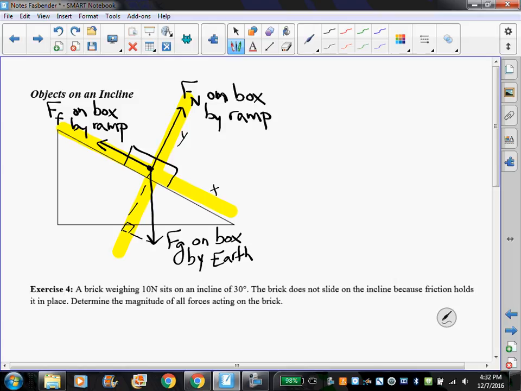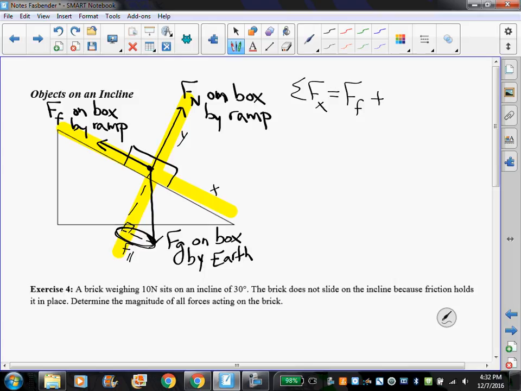When we write those net force equations, the net force in the x direction is going to equal our force of friction plus this x component of the force of gravity. Because it's parallel to the ramp, some people call it the parallel component of gravity.